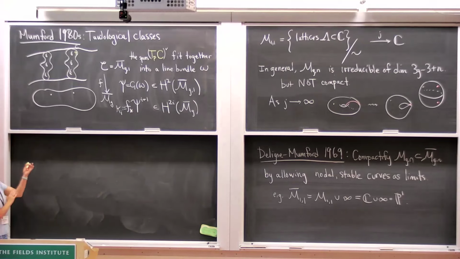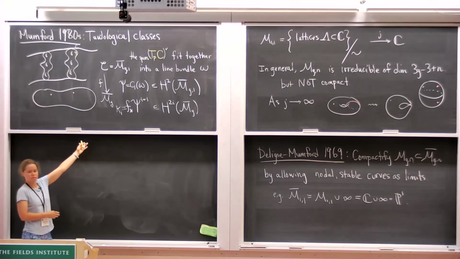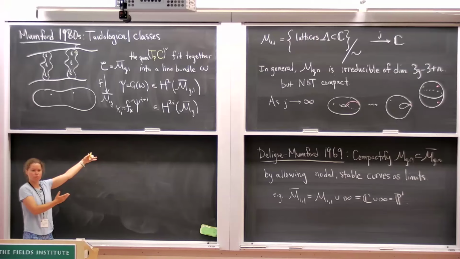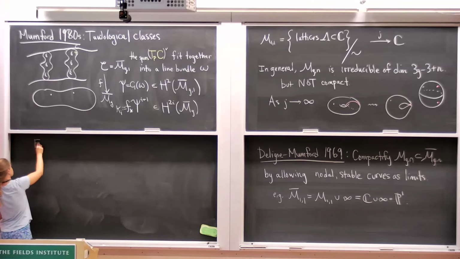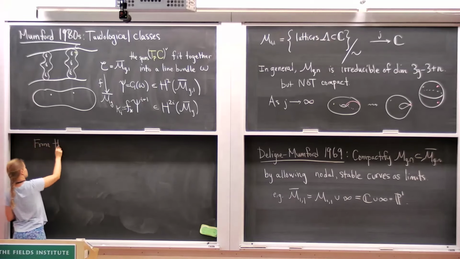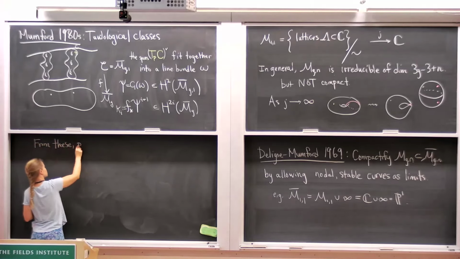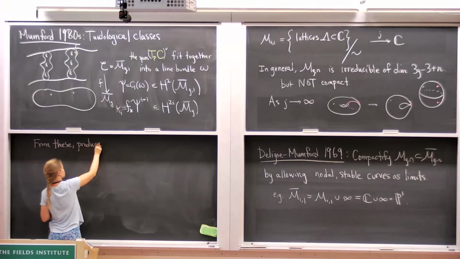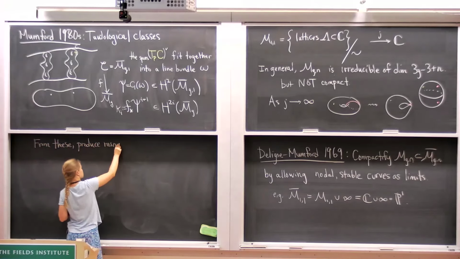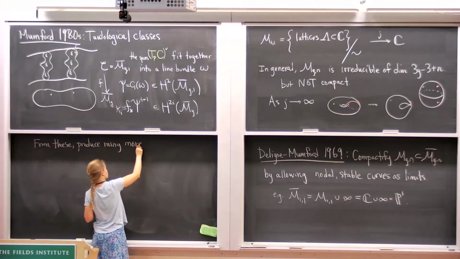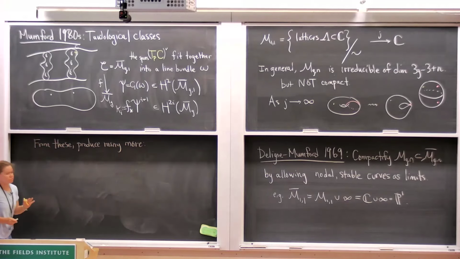So now I'm going to tell you how to produce a bunch more cohomology classes from these ones. And this is going to follow 4 steps. And the order of these steps does matter.